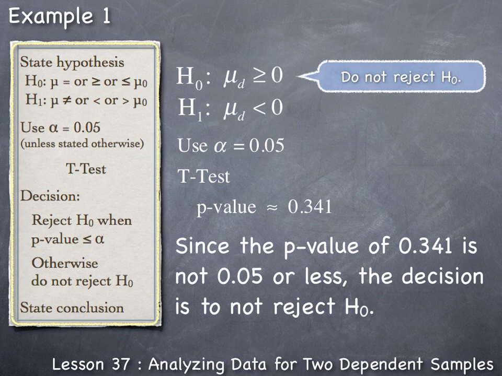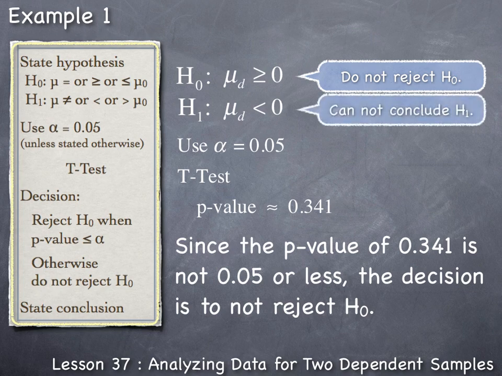And when we do not have evidence to reject H0, that also means we do not have evidence to conclude H1. Since H1 was the mu, the mean difference, is less than 0, that is, on average the dominant hand does react quicker, and since we do not have enough evidence to conclude that, we can now answer the original question in words of the problem.